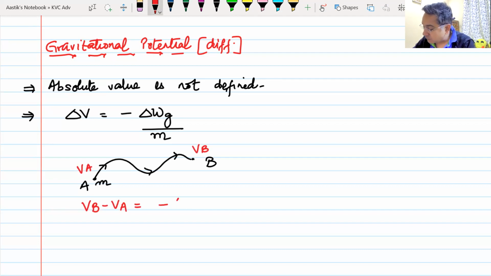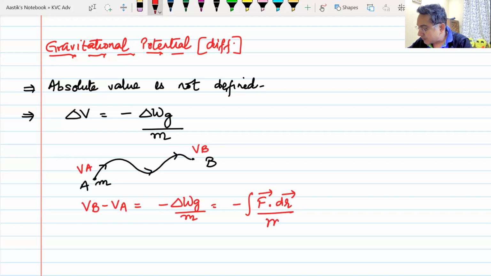That will be equal to negative of work done by gravity per unit mass. Or I can write it as negative of gravitational force dot dr divided by mass. Do we understand this? Yes.